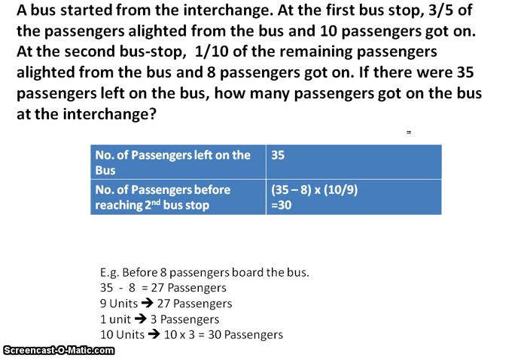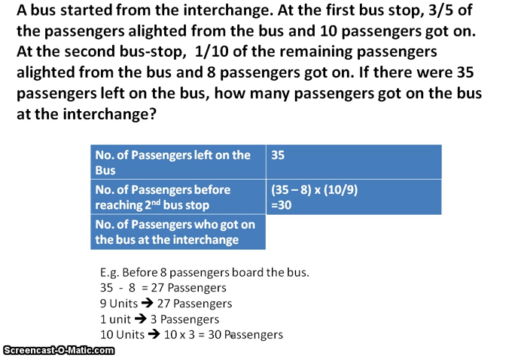So 9 units represent 27 passengers, and 1 unit is equal to 27 divided by 9, which gives us 3 passengers. Therefore, 10 units will be equivalent to 10 multiplied by 3, which is 30 passengers. So the number of passengers before reaching the second bus stop is 30.